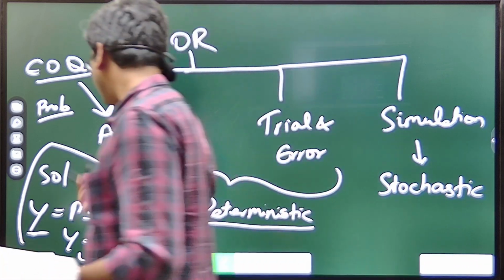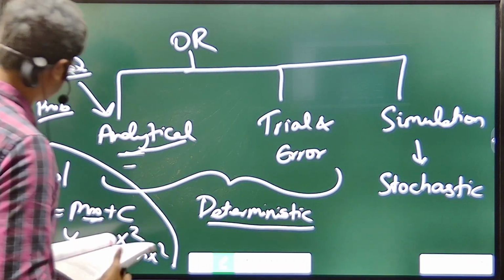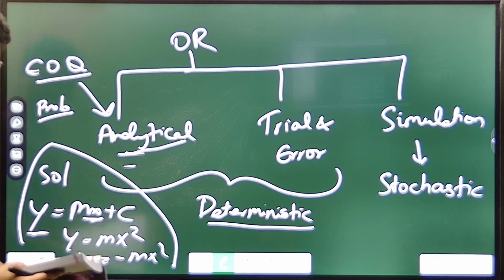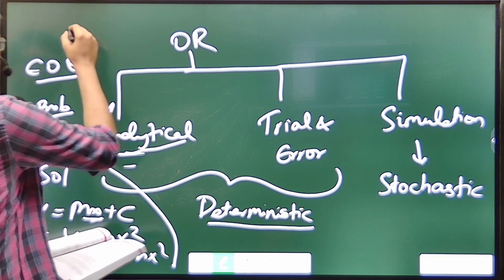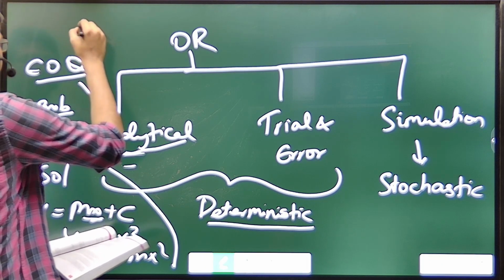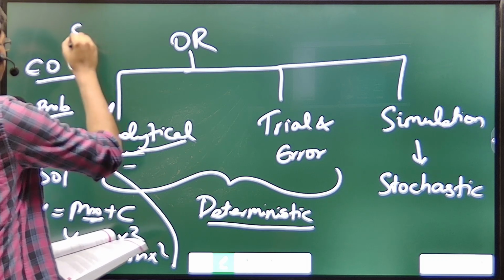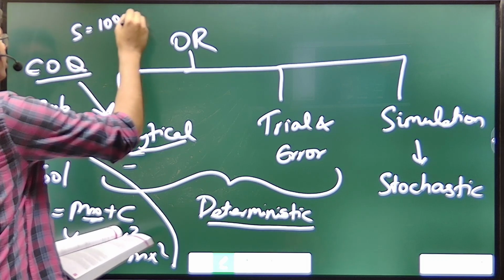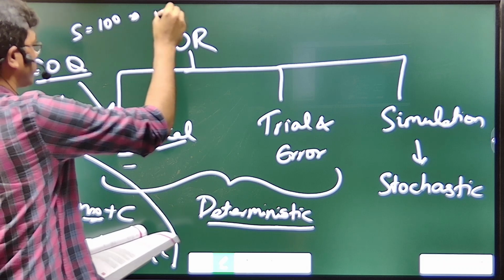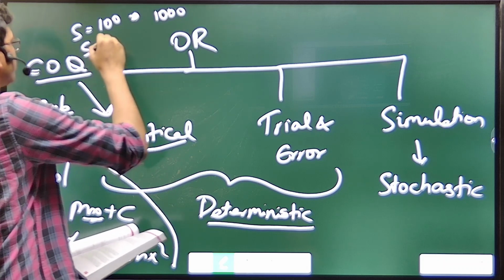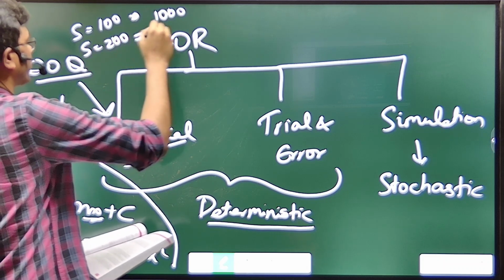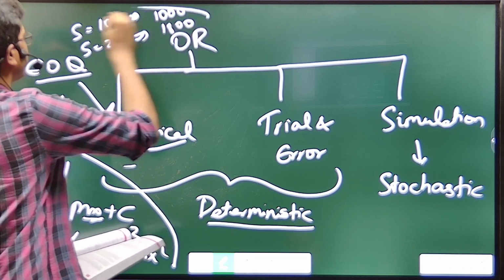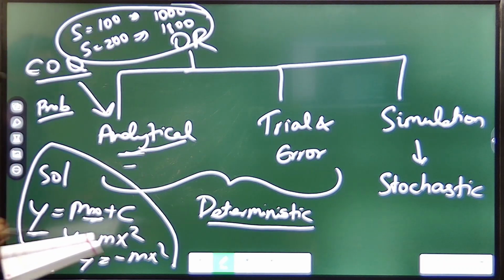And how will you get that? Suppose he says that at sales of 100 units you get a profit of, say, 1000 rupees, and at sales of 200 you get a profit of 1800. If he has given you something like that, you have 2 points, right?